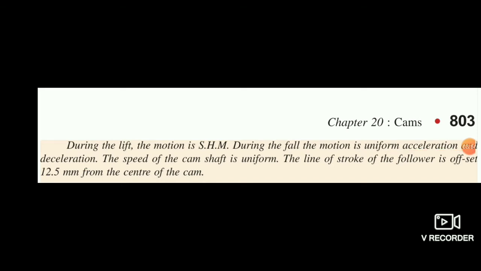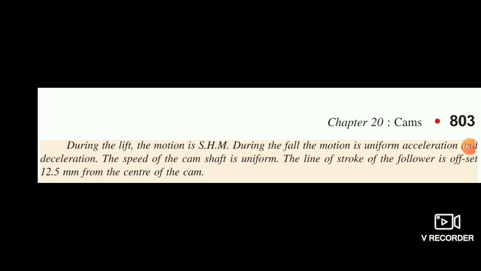The speed of the camshaft is uniform, and the line of stroke of the follower is offset 12.5 from the center of the cam. When you read the question, you have to keep the important points in mind. One is that the follower is a roller follower.